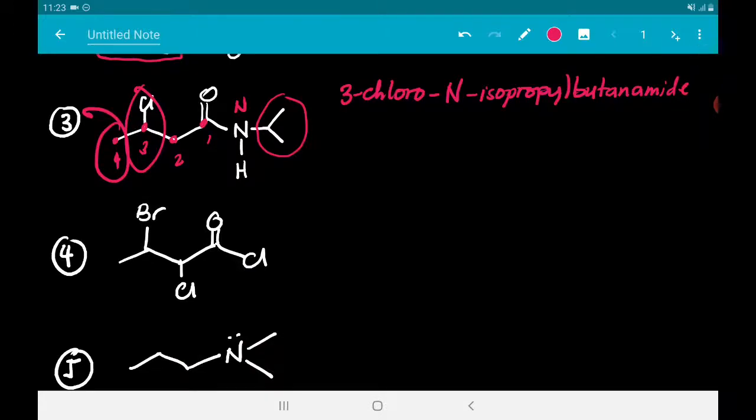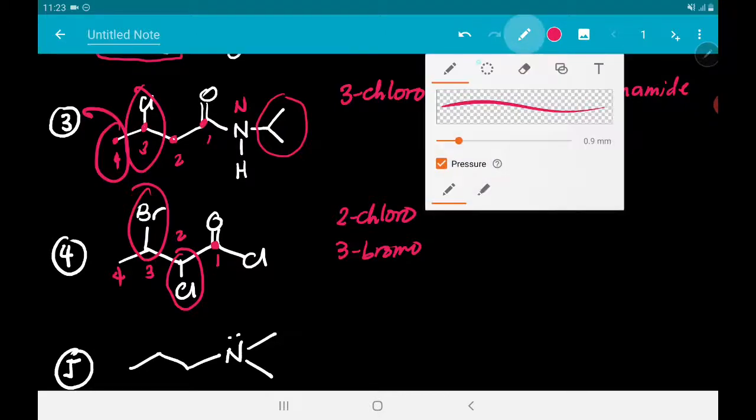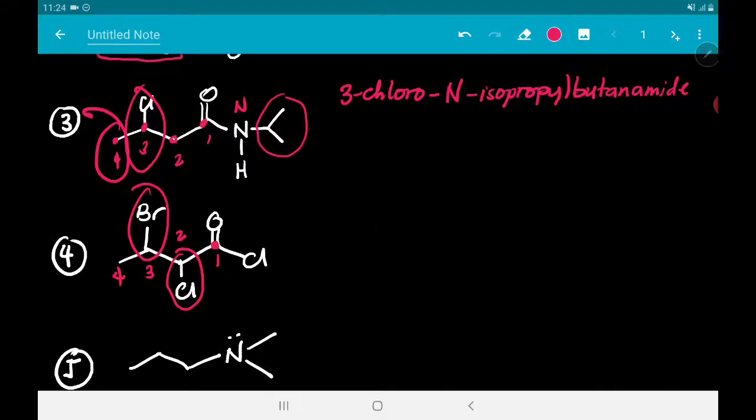So, next, this is an acid chloride na may chlorine at bromine substituent. So, again, pili tayo na number 1, 2, 3, 4. Okay? So, 2 chloro, okay, and 3 bromo. Okay? So, unahin natin si bromo kasi siya yung letter B. So, sulat na natin yung name.